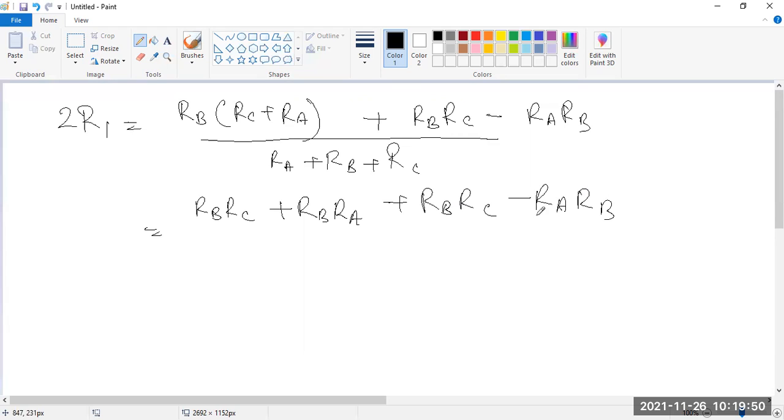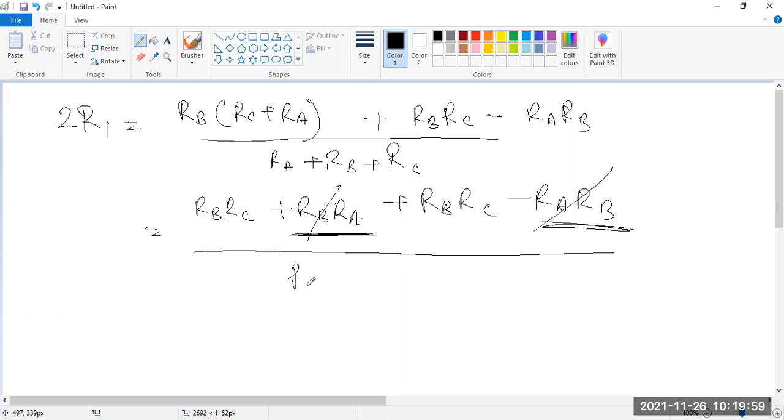So you can see this RA RB and minus of RA RB will also nullify. So we get RA plus RB plus RC, and these are the same, RB RC, RB RC.